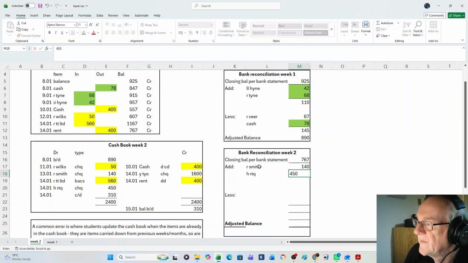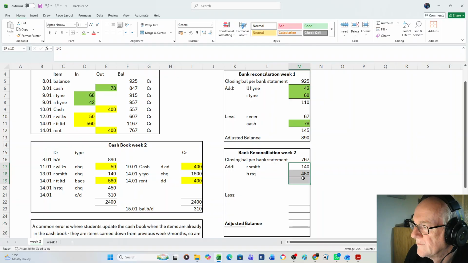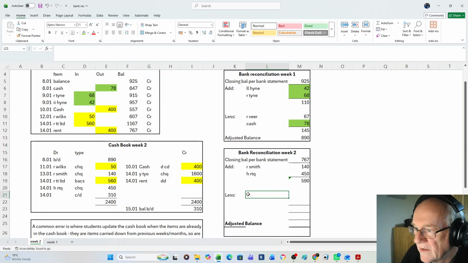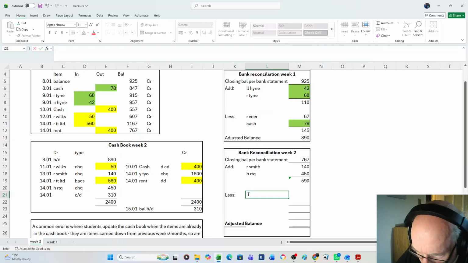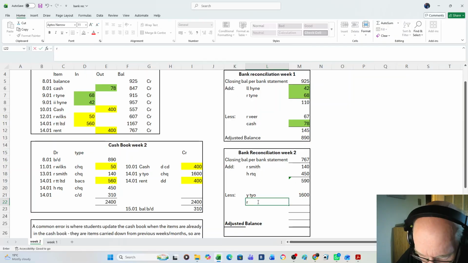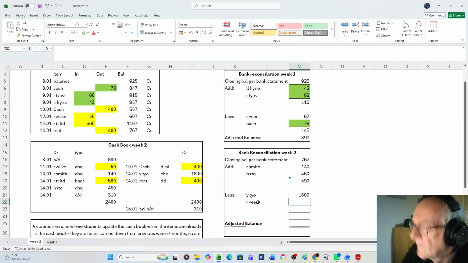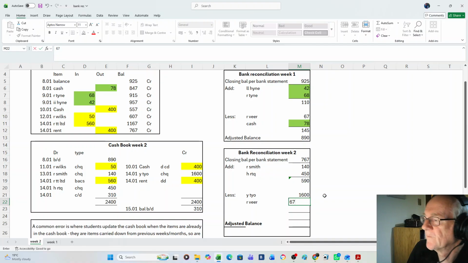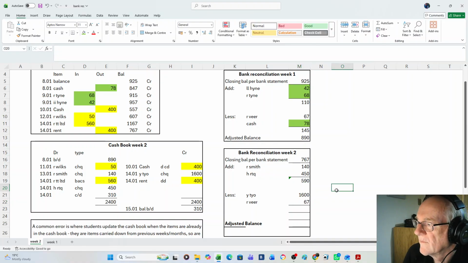Add the 450. Take off 1600, and again take off the 67, because it's still not there.